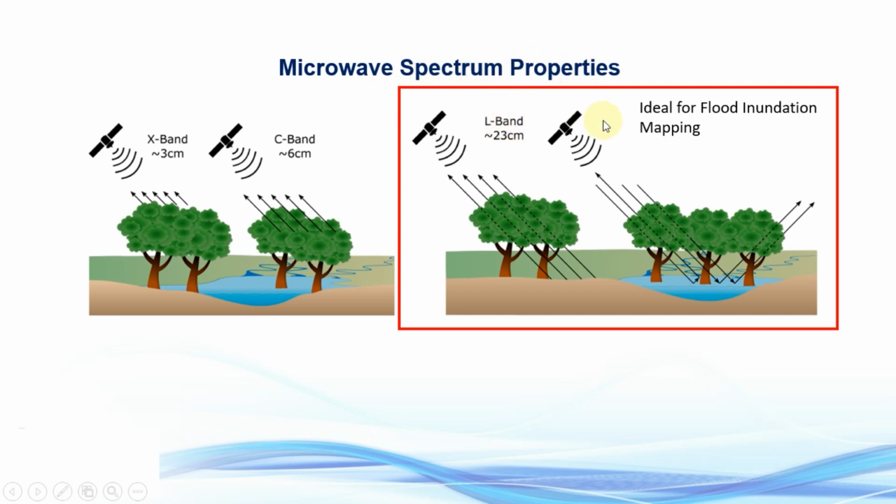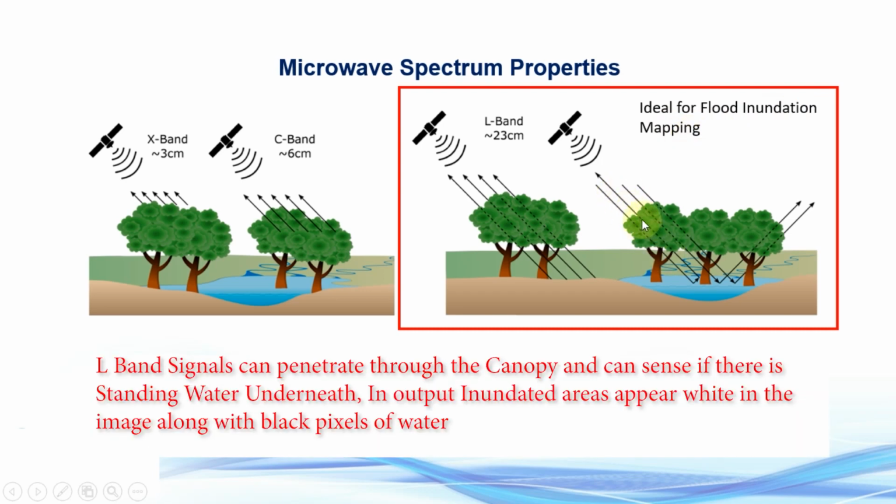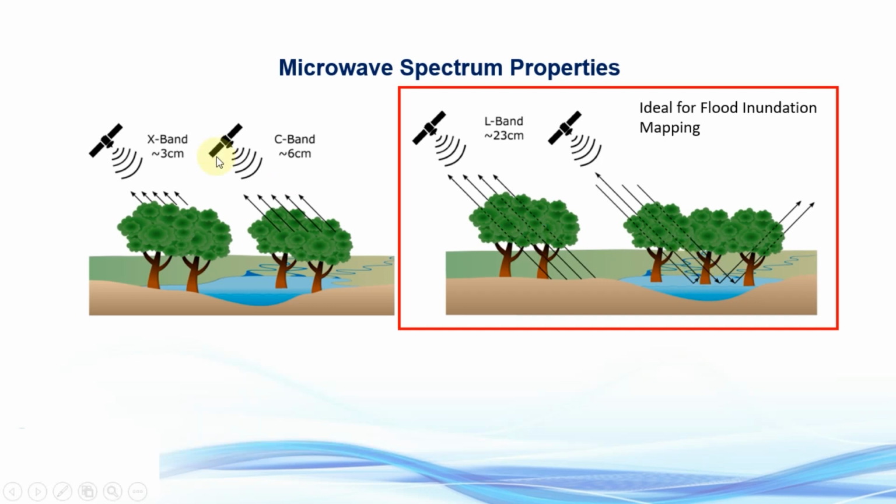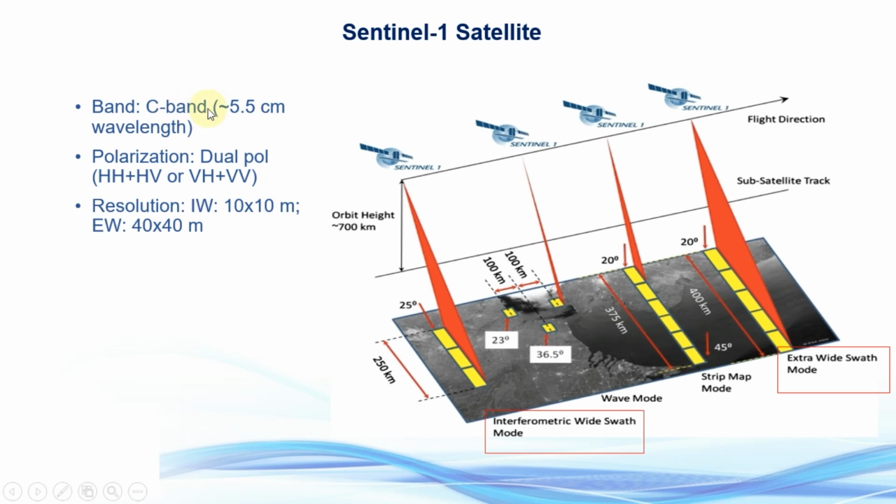L-band data is ideal for the flood inundation mapping because signals penetrate through the canopy and can sense if there is standing water underneath. Inundated areas appear white in the image along with the black pixels of water. The wavelength of C-band for Sentinel-1 measures around 5.5 centimeters.